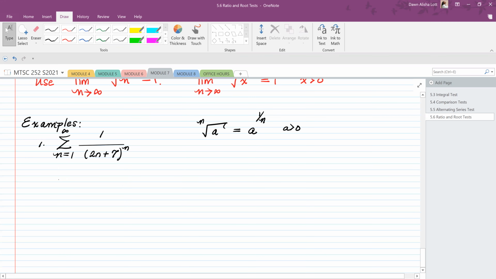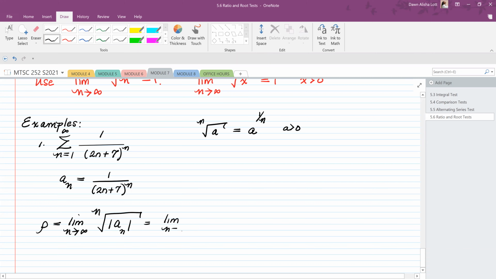Okay, so here, identify an. It is 1 over 2n plus 7 to the nth power. So therefore, rho is the limit as n approaches infinity of the nth root of the absolute value of an. So that is the limit as n approaches infinity of the nth root of 1 over 2n plus 7 to the n.